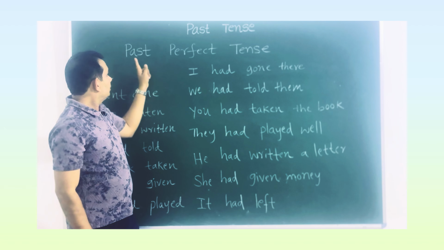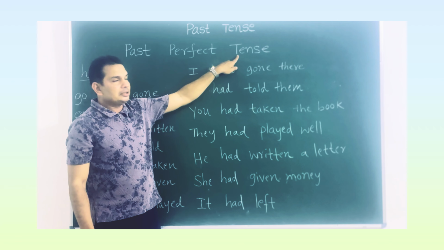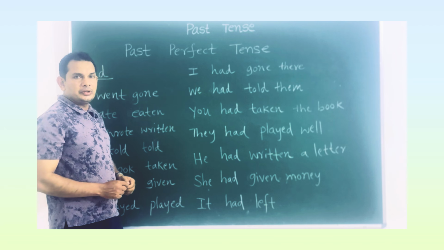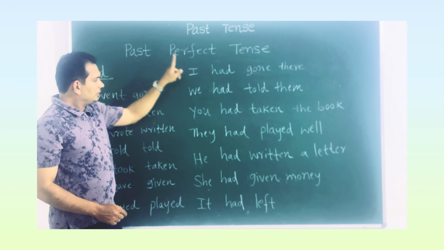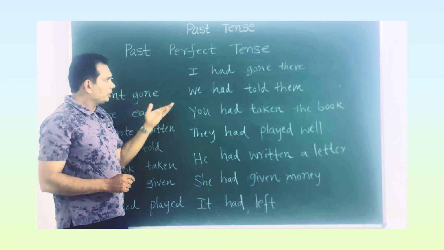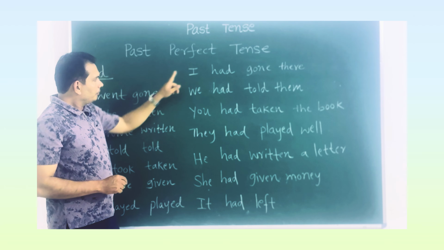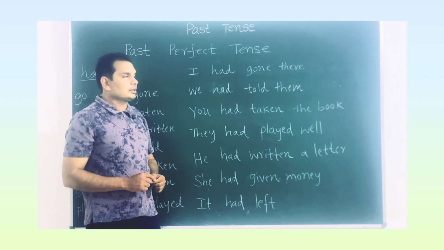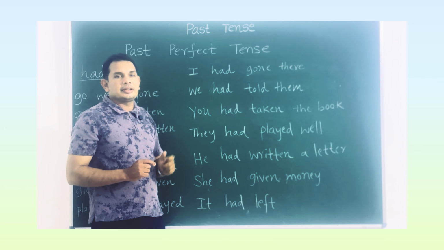But in the past perfect tense, we use only one auxiliary, that is had. We use the auxiliary had with all pronouns. Whatever is the pronoun, we use the auxiliary had when we write sentences in the past perfect tense.